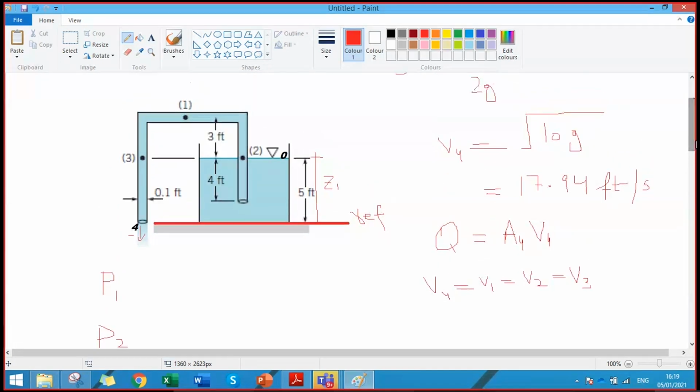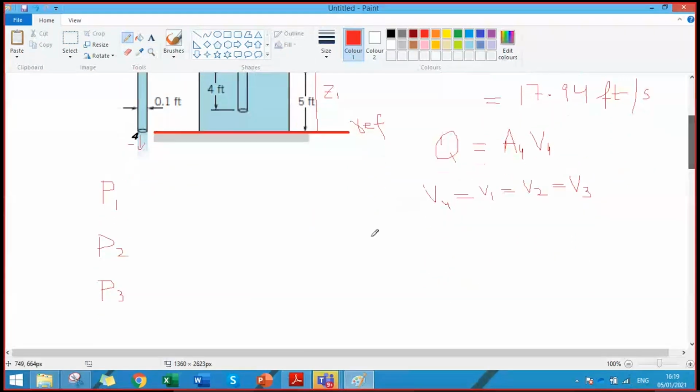Again, we can see that point 3 and 2 are at the same elevation, right? So it means that P2 and P3 would be the same, because the area is not changing and the elevation is not changing. So the static head will remain fixed as well.